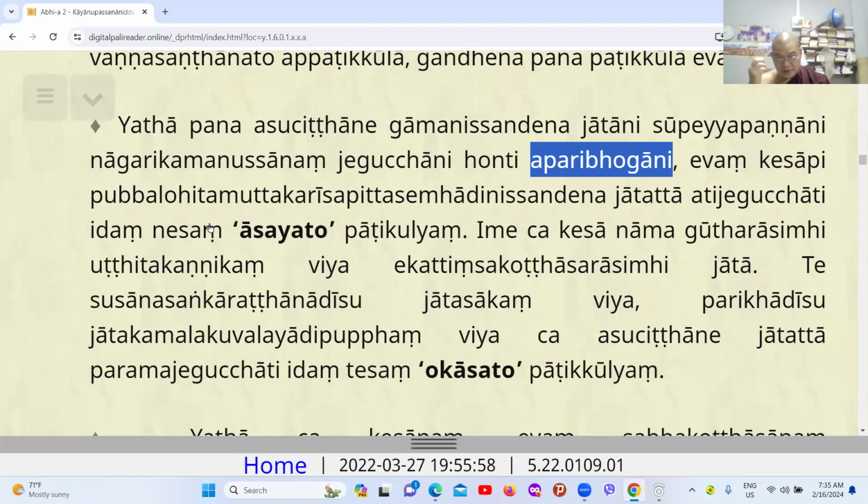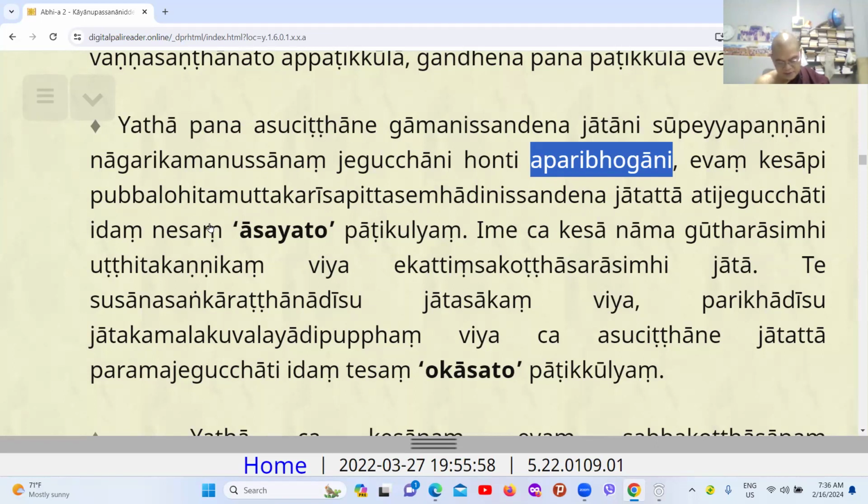So the kesa grows in the hair related to all these things. Without these things, there will be no kesa. Adijekucha. These things are very repulsive, very disgusting. The kesa grows because of these things.